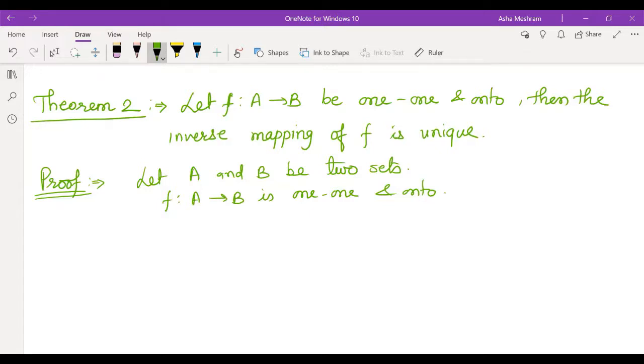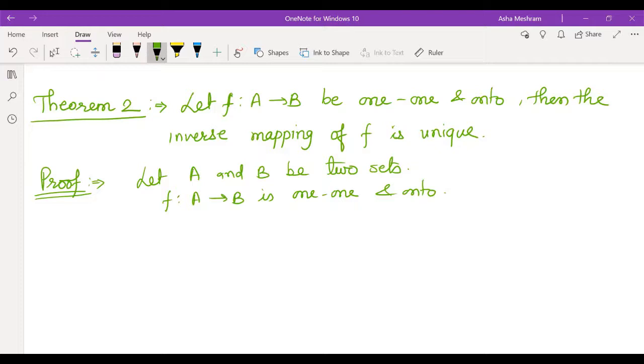Whenever we have to prove uniqueness of anything in mathematics, we consider one more mapping, and suppose we assume that the mapping is not unique, meaning more than one inverse mapping can exist.